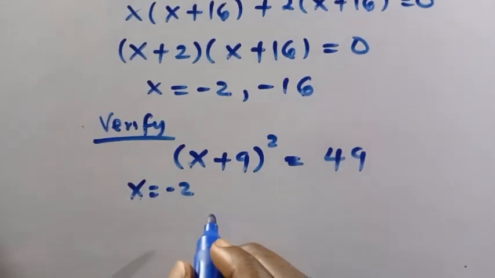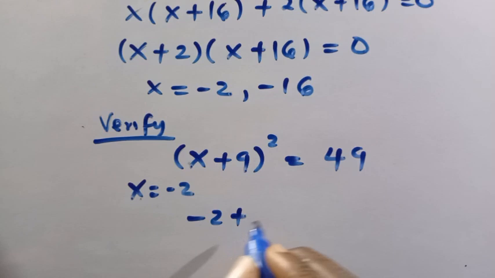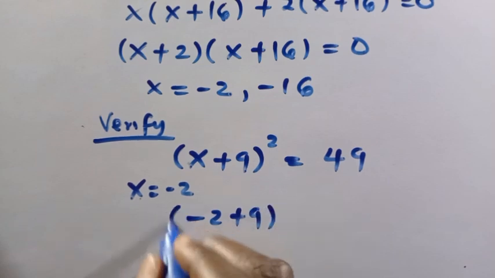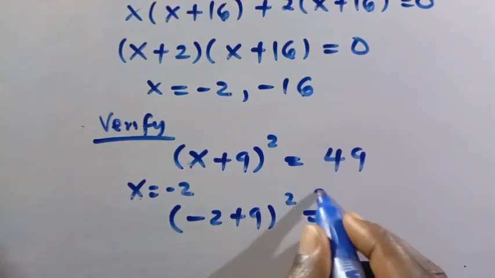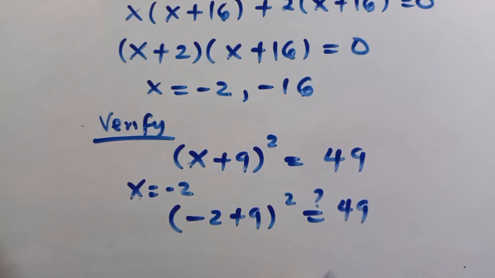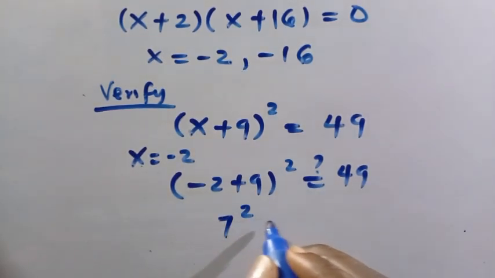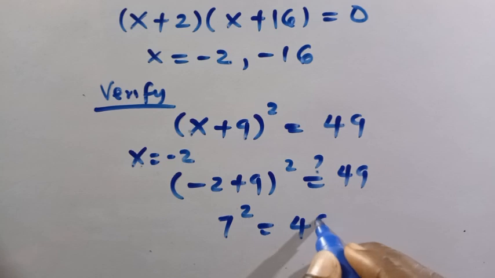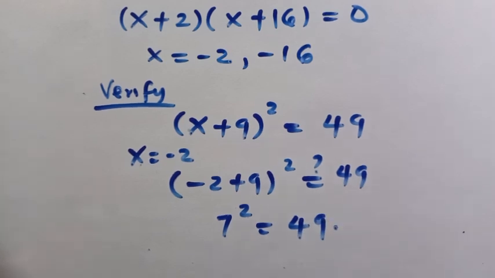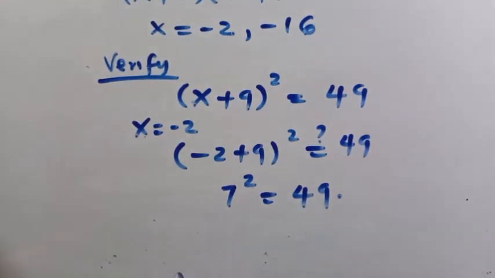When we substitute it, we have (-2 + 9)^2. I want to see if this equals 49. So -2 + 9, that is 7 squared, and 7 squared is 49. This is correct. Great.